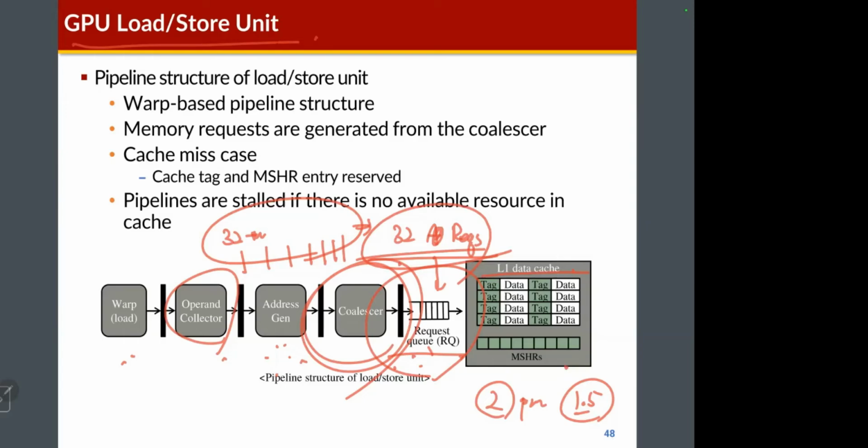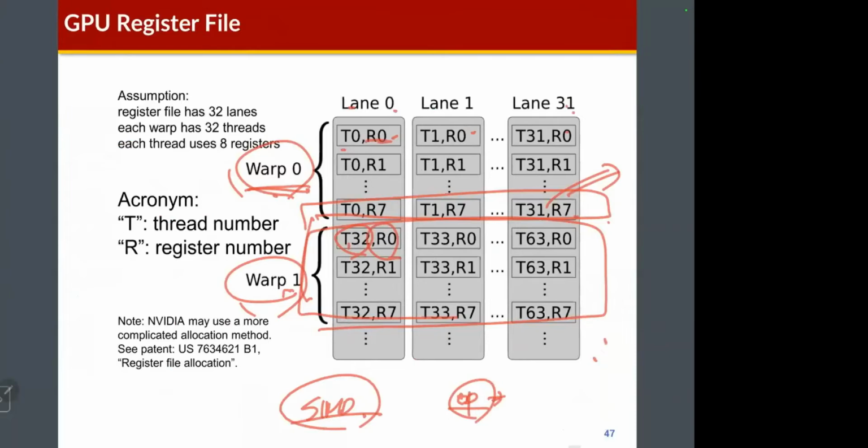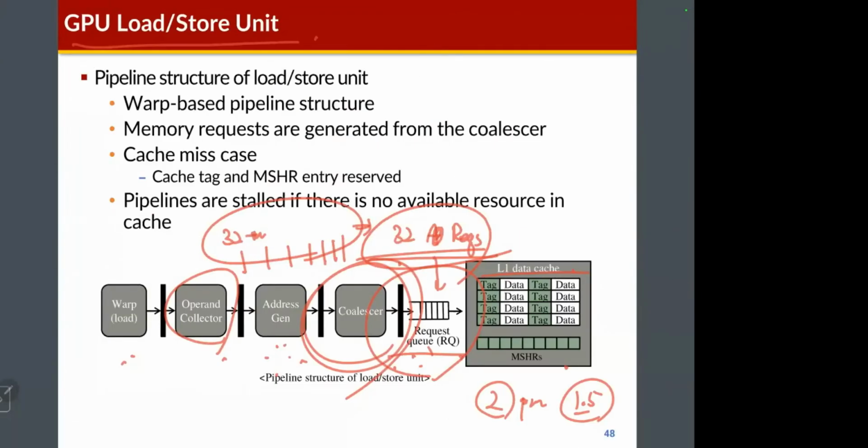GPUs exploit memory coalescing to solve this issue, which I already explained. I already explained that the GPU's SM, the streaming multiprocessor, uses a warp.